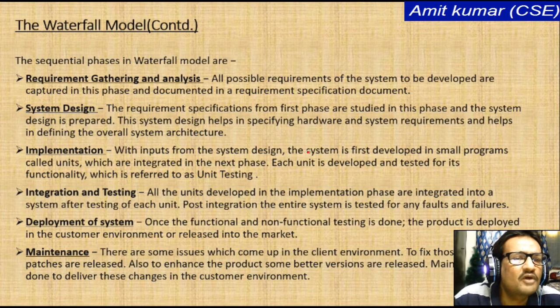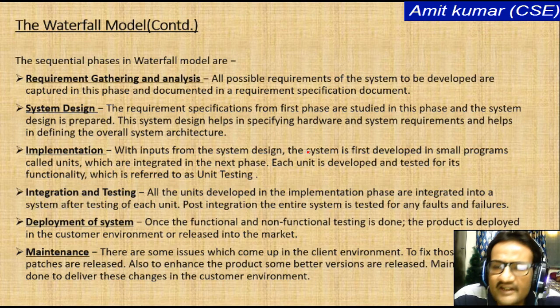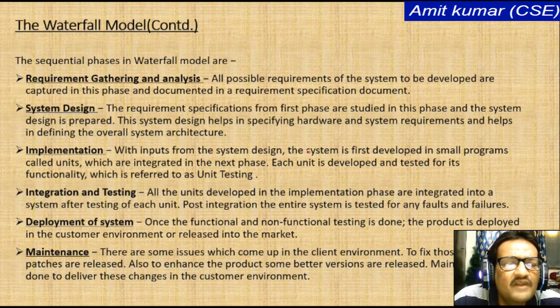Now, what are the different phases? In the requirement gathering and analysis phase, we gather as many requirements as possible from the user using requirement gathering tools such as interviews, questionnaires and brainstorming sessions. After collecting those requirements, they are prioritized and written in the SRS document.